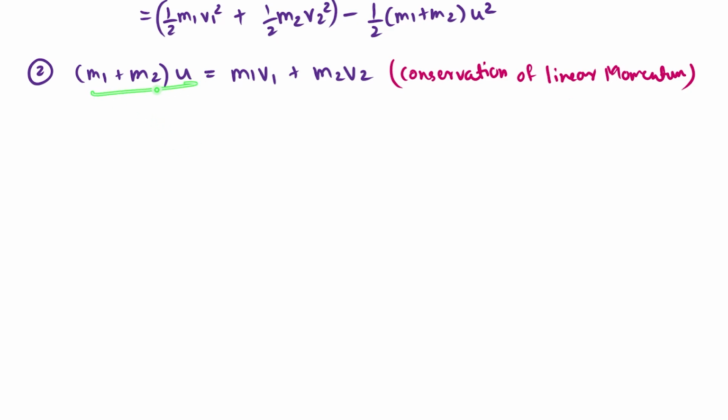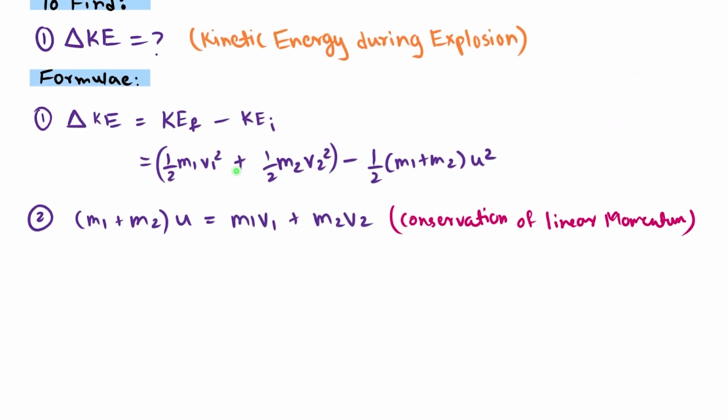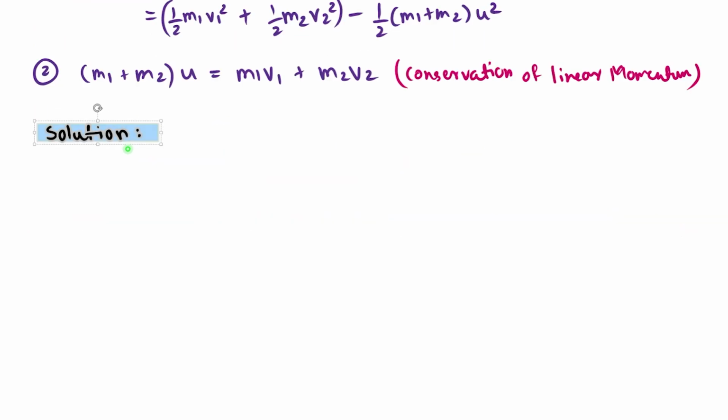So the initial momentum, that is the momentum of the combined or unexploded ball, and the momentum after the explosion, that is the individual momenta of both the fragments, should be equal. Based on this, we can calculate v2, and then we'll simply substitute v2 in this equation to get the energy value. So let us quickly get into the solution.